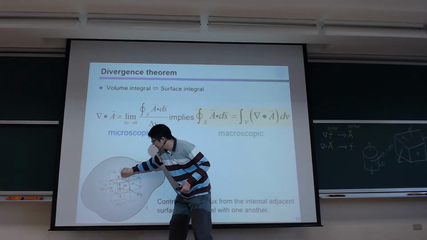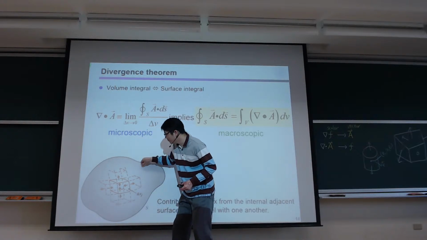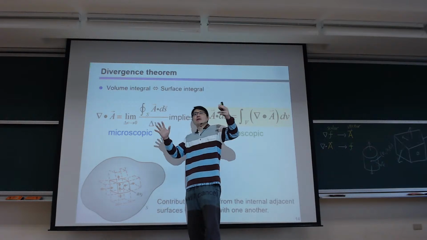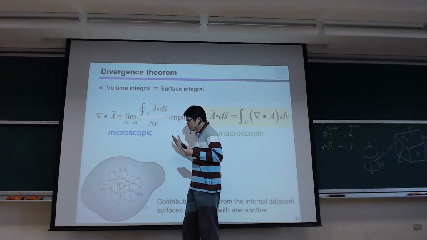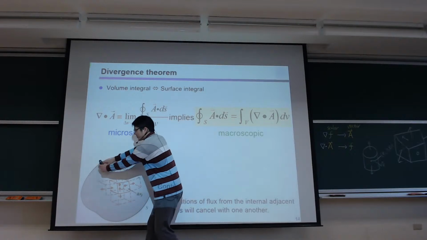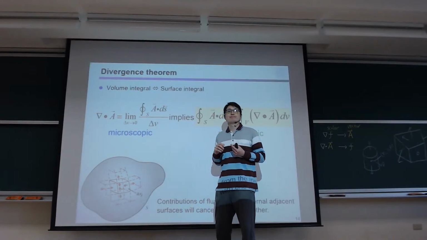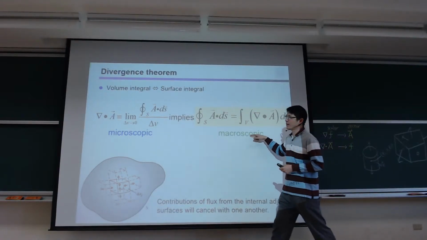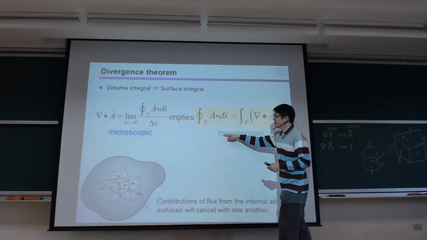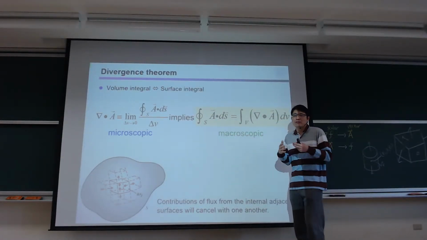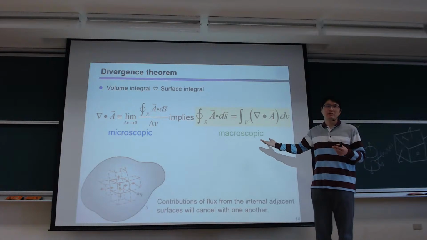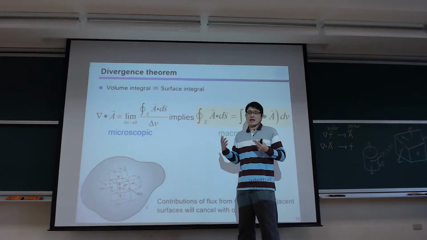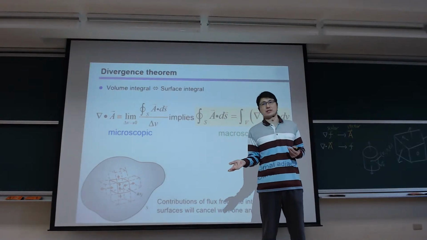So for each point, for each small cube, I know its divergence value. But what about the overall structure? What if I only want to know the divergence of the entire structure? I want to know the macroscopic view, okay? Microscopic, macroscopic. What if I only care about the macroscopic view? I only care about whether this entire structure is acting like a flow source or a sink.